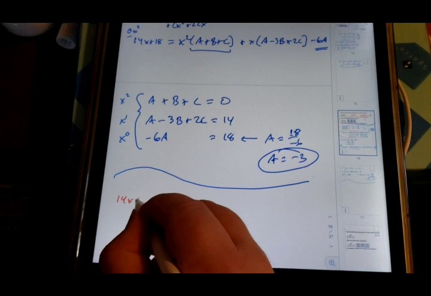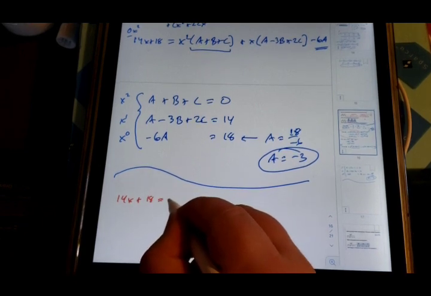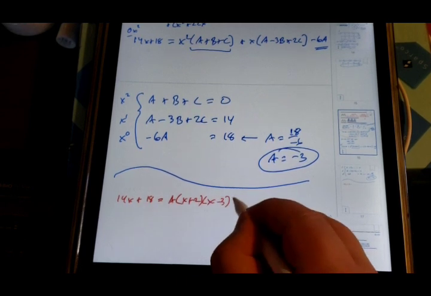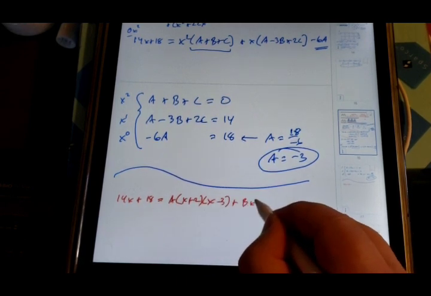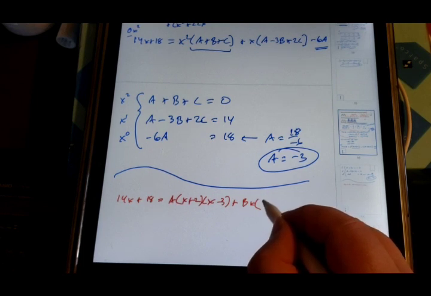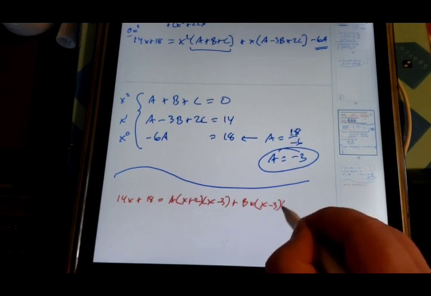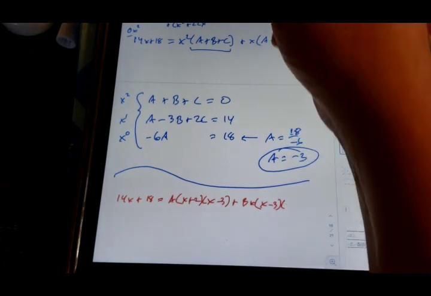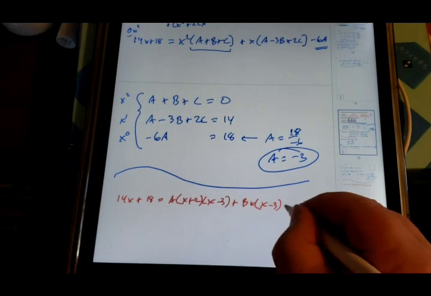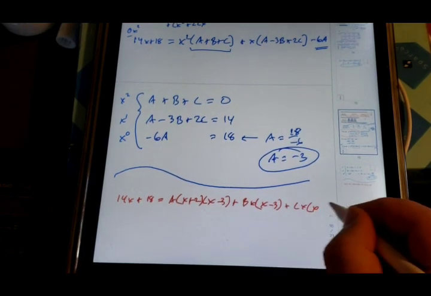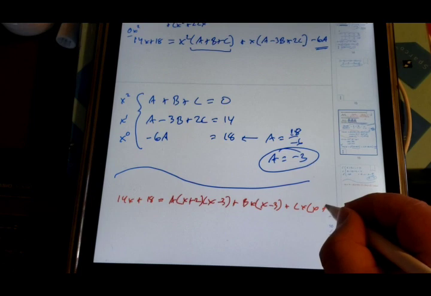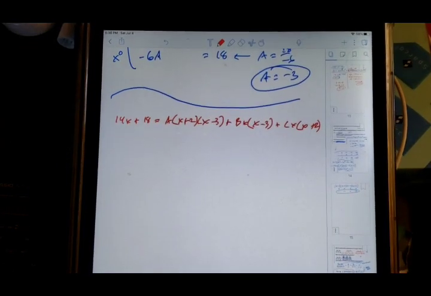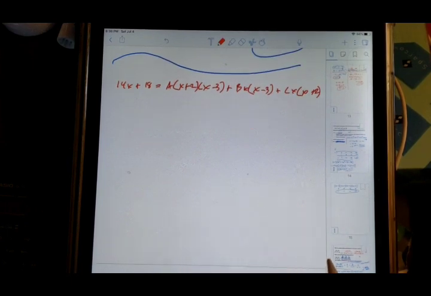It's 14x plus 18 equals a(x plus 2)(x minus 3), plus bx(x minus 3). That's it. Hold on. Plus cx(x plus 2).